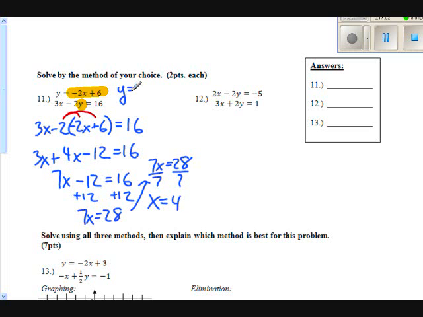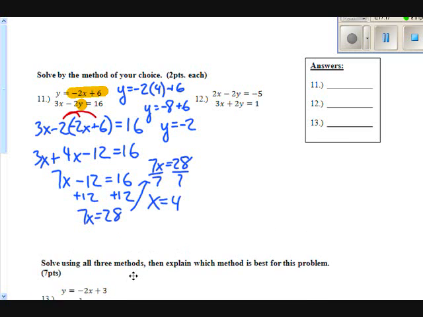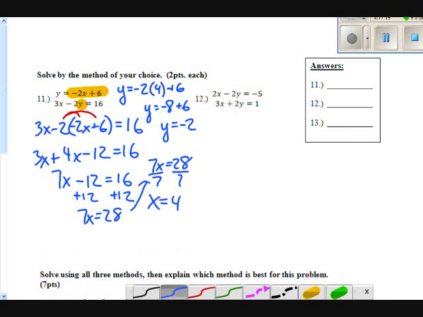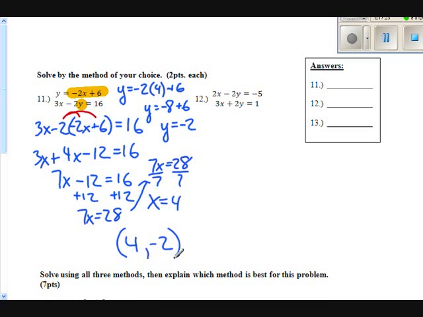So y equals negative 2 times x, which was 4, plus 6. So y equals negative 8 plus 6, so y equals negative 2. So my ordered pair is 4 comma negative 2. Okay, so that's my solution.